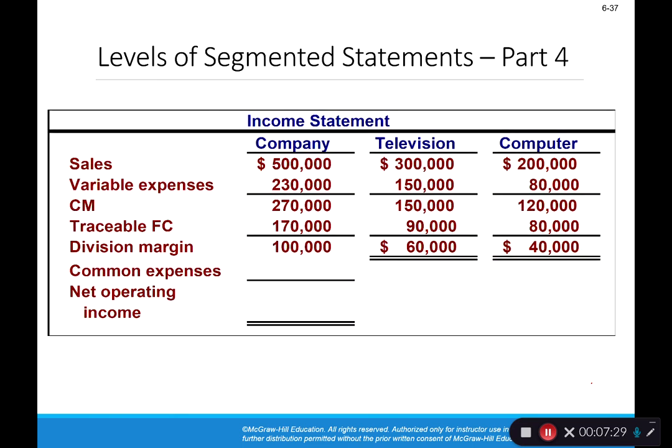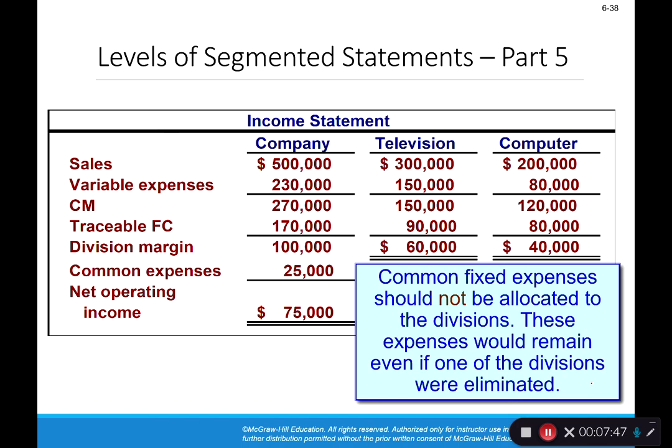So now if we look at the income statement for a company as a whole, they have a television division and a computer division. So you could see that the television division is contributing $60,000 to the bottom line. The computer division is contributing $40,000.